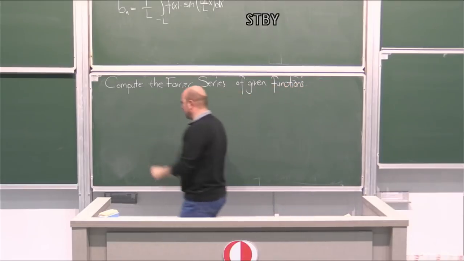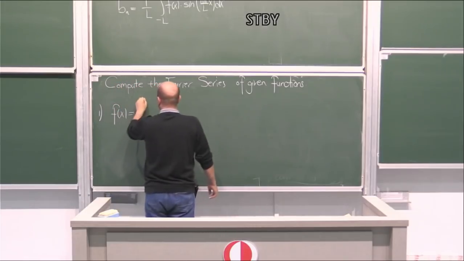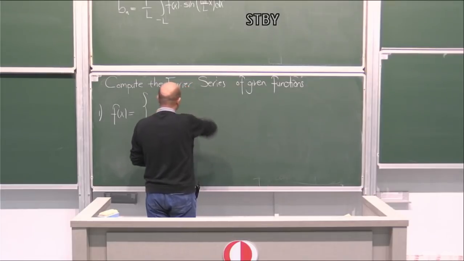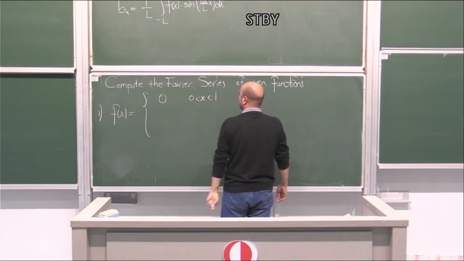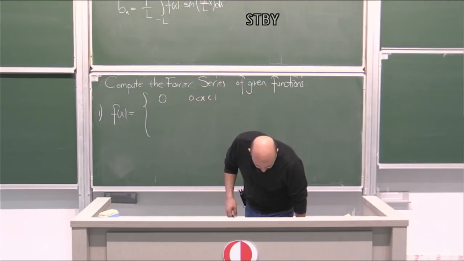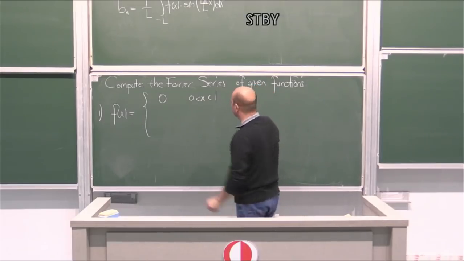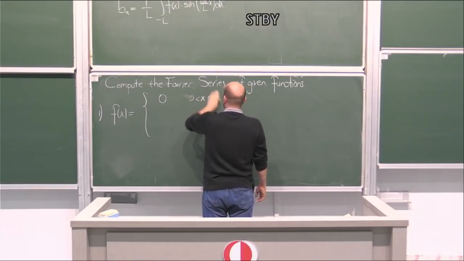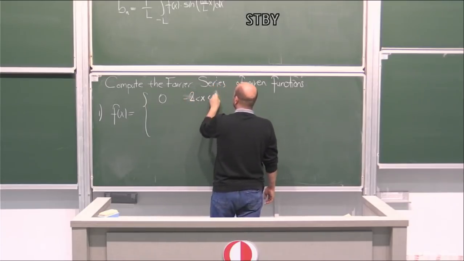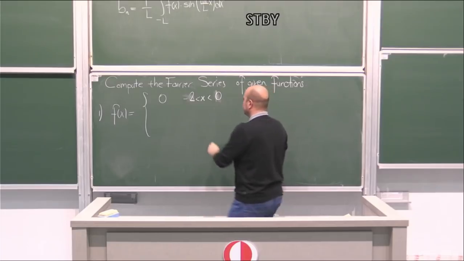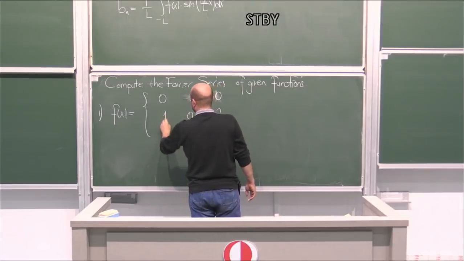And the first example is the following. f of x is equal to 0 when x is between minus 2 and 0, and when x is between 0 and 2, it is 1. Actually, let me just change the problem a little bit.